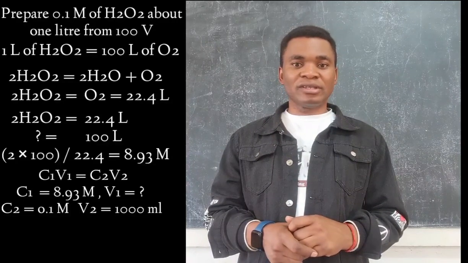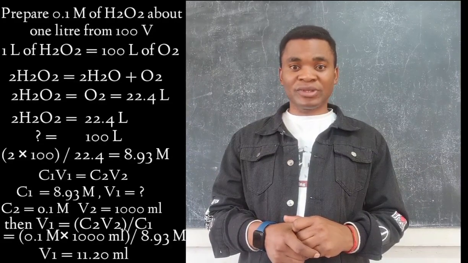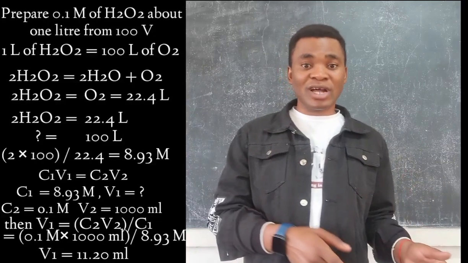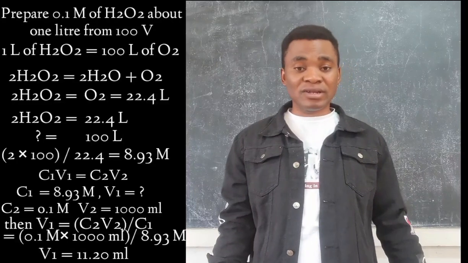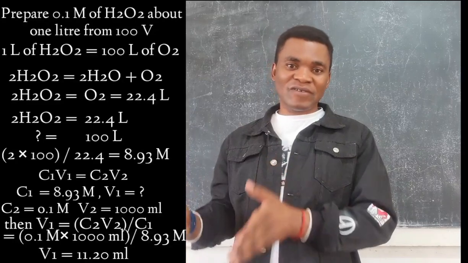We divide both sides by C1 and we get V1 as 11.20 milliliters. This is the amount of stock solution we should take from our stock bottle to prepare 0.1 moles of 1 liter of hydrogen peroxide from 100 volume.